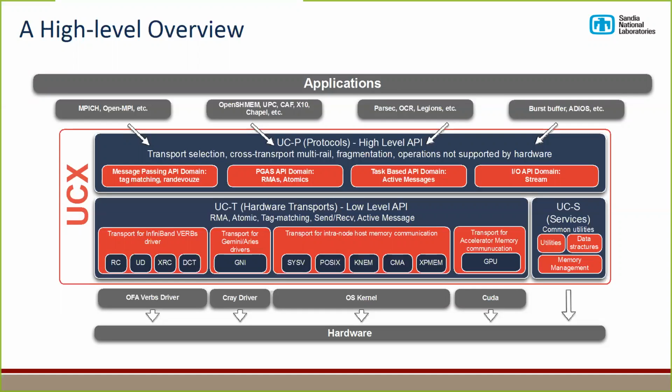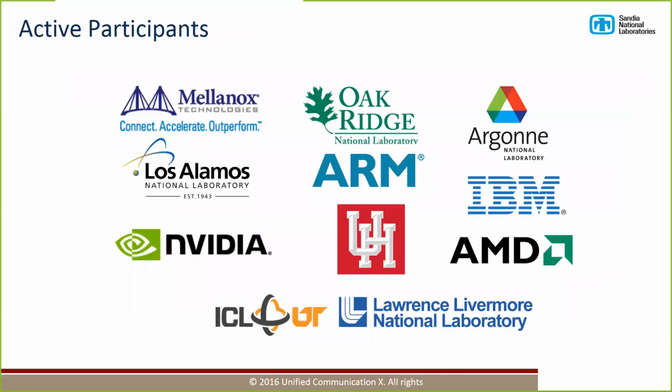There is support for various shared memory devices, GPUs, and so on. On the side, there's a services library that manages modules. I think this one in particular can be useful for somebody who wants to develop a library based on a modular architecture. Next slide. And essentially, I just want to highlight all the organizations that are involved in this effort. Any questions?